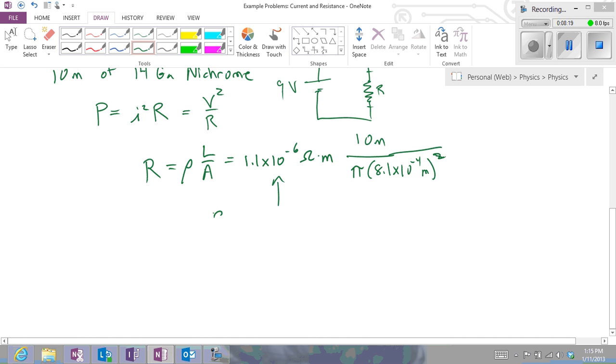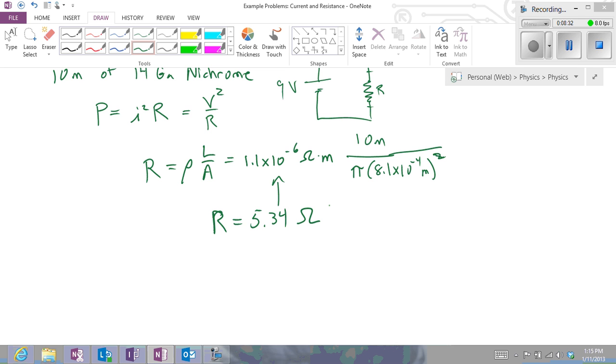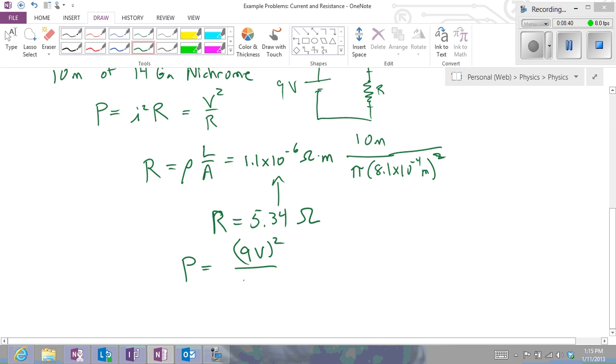So our resistance here is 5.34 ohms if we do our calculation right. And so now I should be able to figure out how much power is being dissipated by my circuit. So the power is going to equal V squared, which we know is 9 volts squared, all over the resistance, 5.34 ohms.